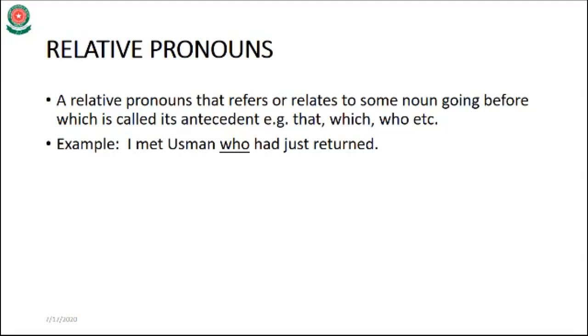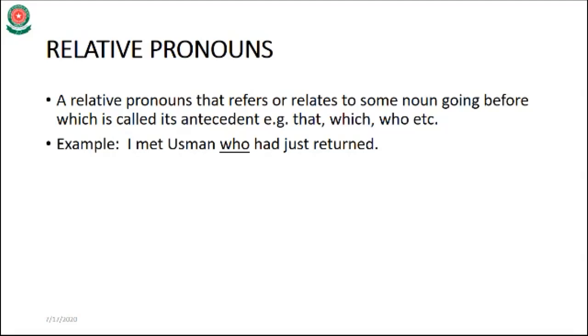The antecedent is the noun which is going before, which is called its antecedent. For example, the relative pronouns are that, which, who. These are those words which link two nouns, or you can say, which link two sentences.